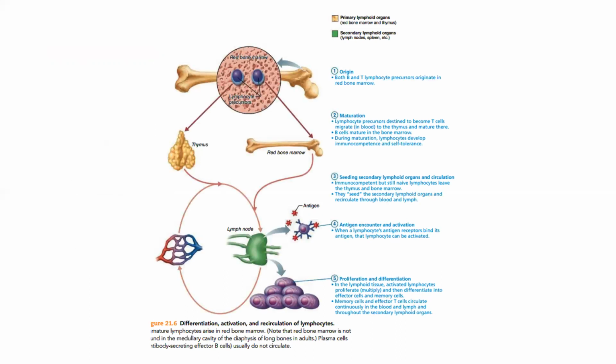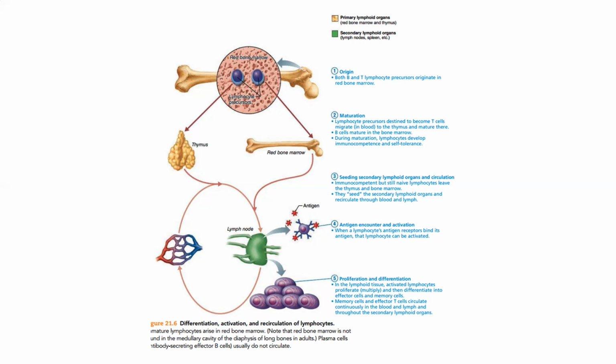Now if you look at this diagram, our bone marrow, which needs to be red bone marrow, will produce lymphocytes. Some lymphocytes will remain in the bone marrow and mature into B lymphocytes. Some lymphocytes will go to the thymus gland, where they mature and are educated as T lymphocytes.